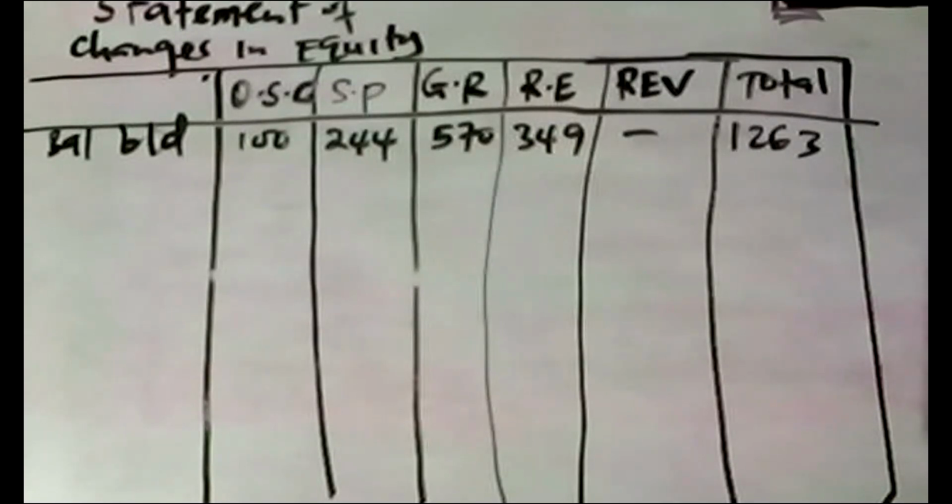After that, remember that in our format, the next thing we check is: was there an issue of shares? Was there an issue of shares at premium? In short, was there any issue of shares which took place?